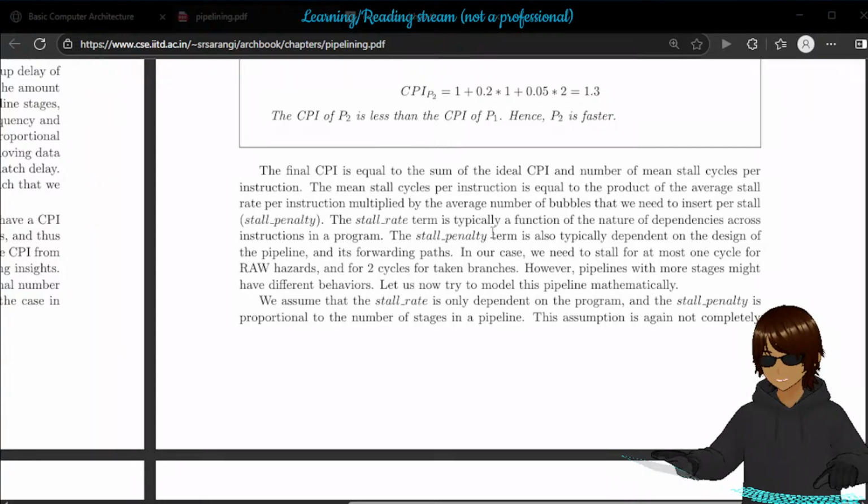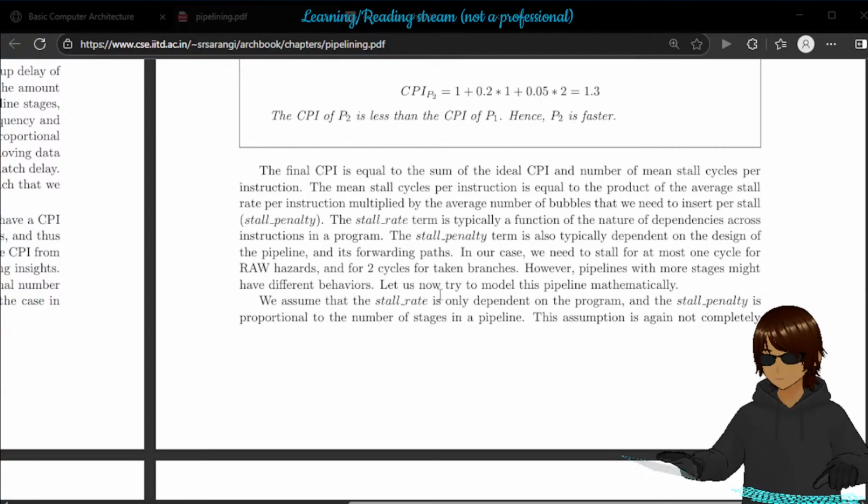The stall rate term is typically a function of the nature of dependencies across instructions in a program. The stall penalty term is also typically dependent on the design of the pipeline and its forwarding paths. In our case, we need to stall for at most one cycle for a RAW hazard, and for 2 cycles for taken branches. However, pipelines with more stages might have different behaviors.